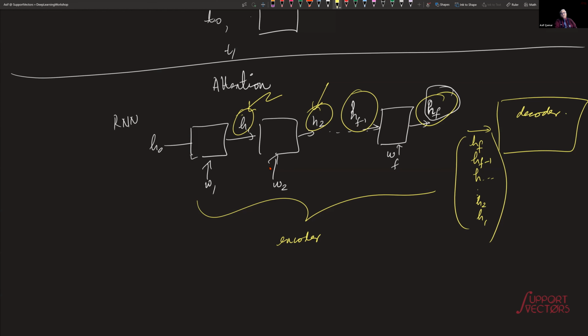Maybe the early part is not there in H final, but it is surely there in H1, H2, H3, H4. So let's give everything to the decoder to decode. Are we together, guys? Logically, it's a very simple thought.